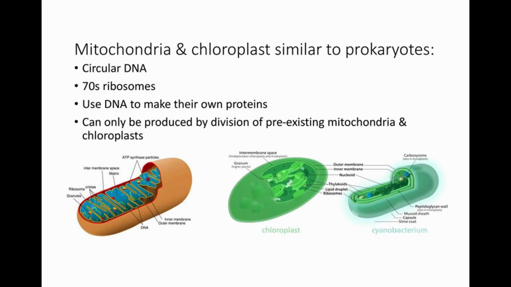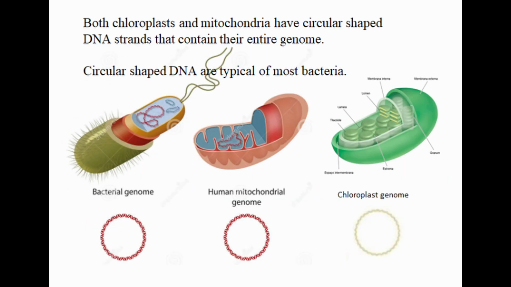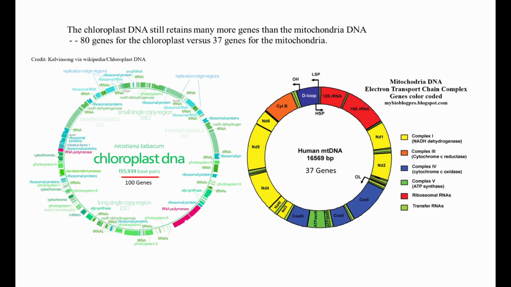Both chloroplasts and mitochondria have circular-shaped DNA strands that contain their entire genome. Circular-shaped DNA are typical of most bacteria. The chloroplast DNA still retains many more genes than the mitochondria DNA. 80 genes for the chloroplast versus 37 genes for the mitochondria.